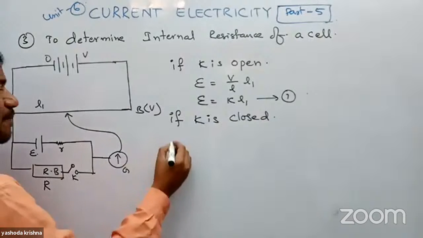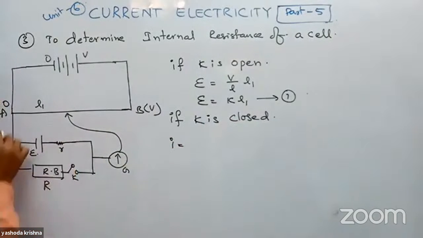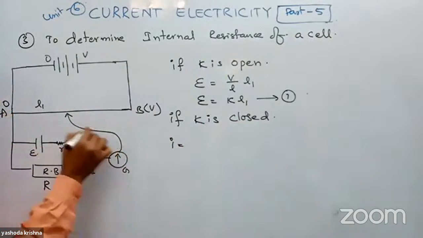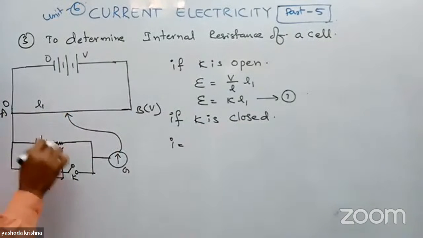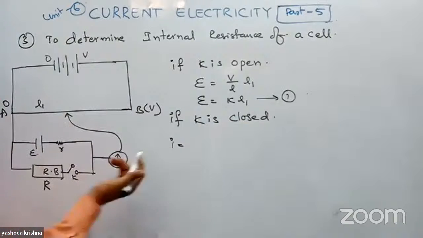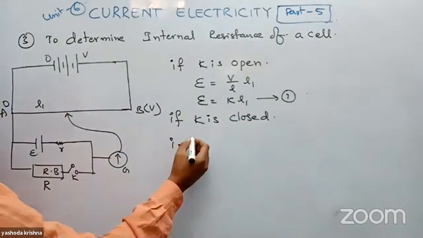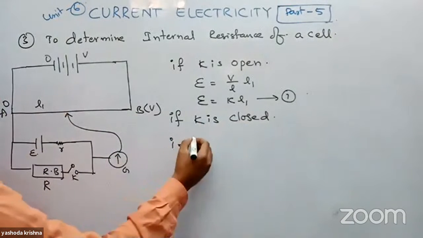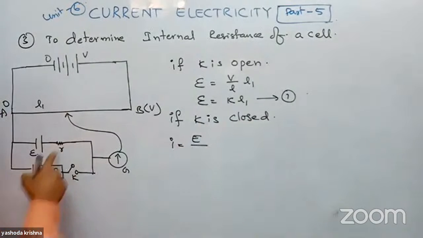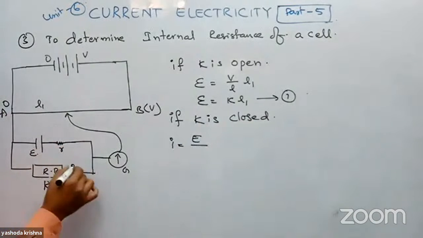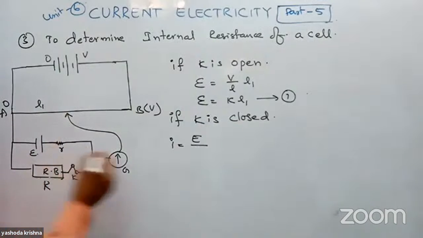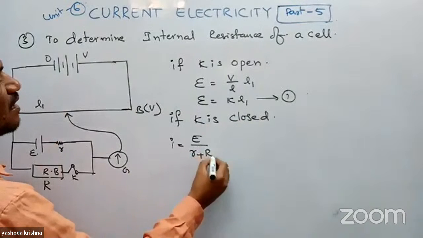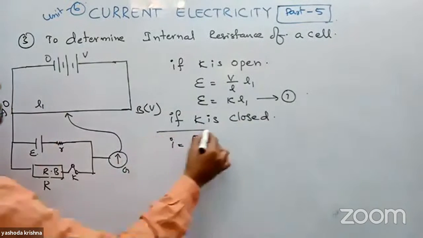In this circuit, I is equal to E by the total resistance, that is, I equals E by R plus r. This is most important.